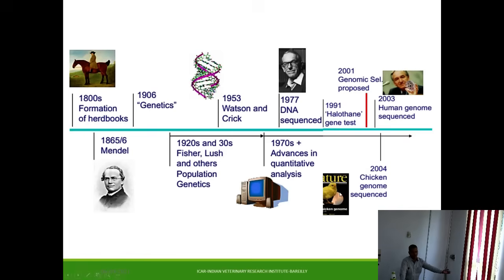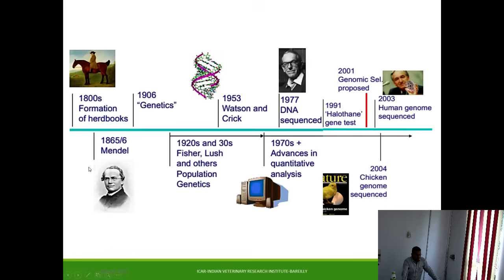It was again rediscovered by Erich von Tschermak, Carl Correns, and Hugo de Vries. So after that, people came to know, and then the terms gene and genetics and phenotype, genotype, all these things came into existence. And in the bottom line, you will find the breeding concept going on, and on the upper side you will clearly see the concept of molecular genetics.